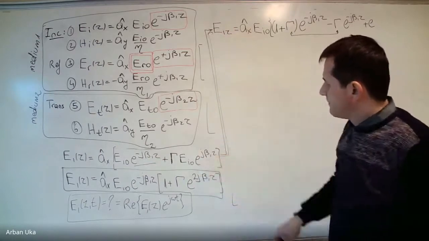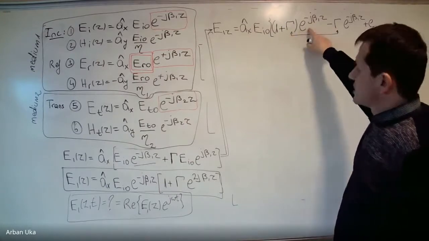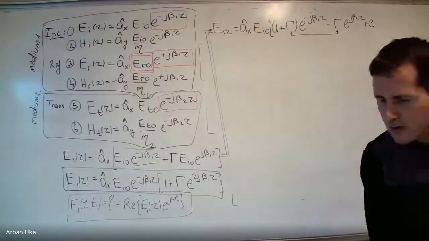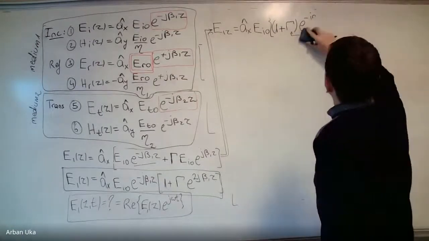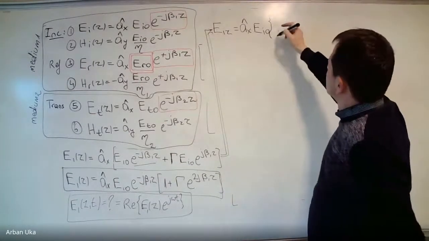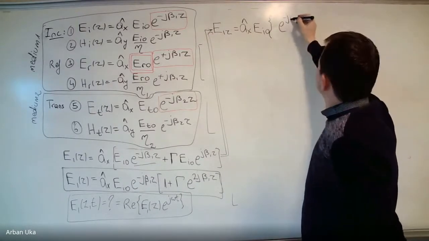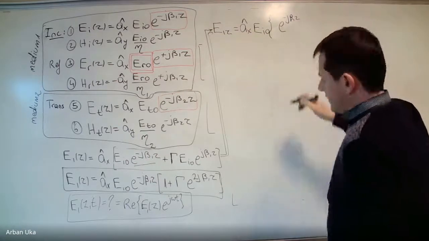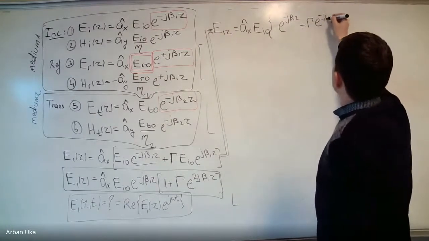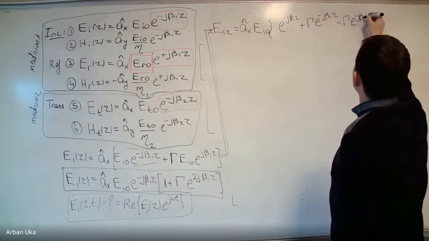From this expression, what one can do is write it like this. We have factored out this term, e to the power minus j beta 1 z, and then plus the reflection coefficient times e to the power minus j beta 1 z, minus the reflection coefficient times e to the power minus j beta 1 z.